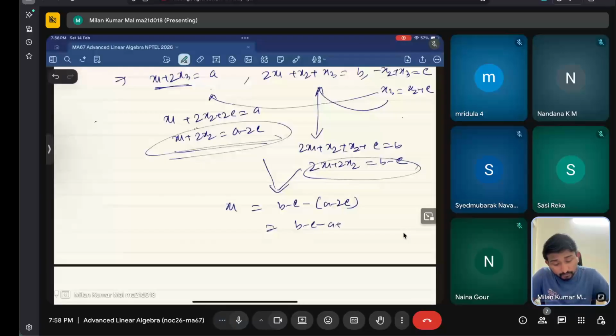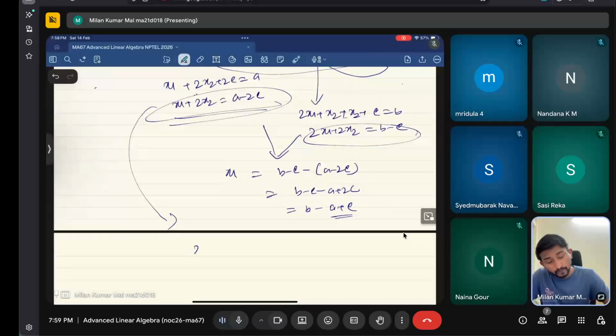x2 will be, from here if we try to obtain it, 2x2 is equal to a minus 2c minus x1, which is equal to a minus 2c minus b plus a minus c. So this will be 2a minus b minus 3c.